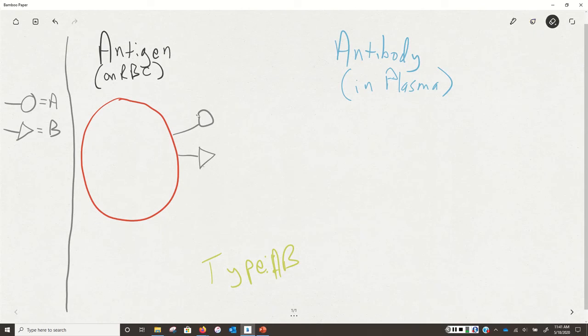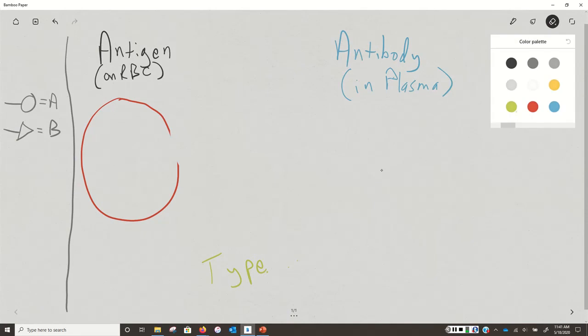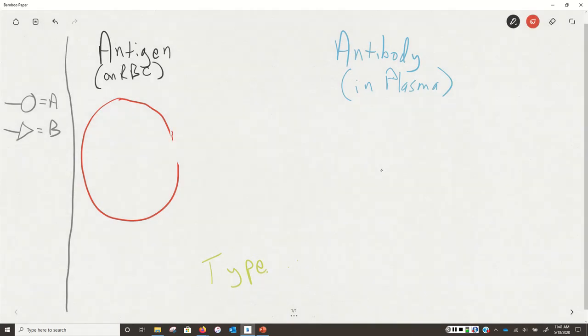What if we looked at someone's blood, though, and we saw they didn't have any antibodies? What if we looked and their erythrocyte had nothing? Well, that would be they have 0 antigens.